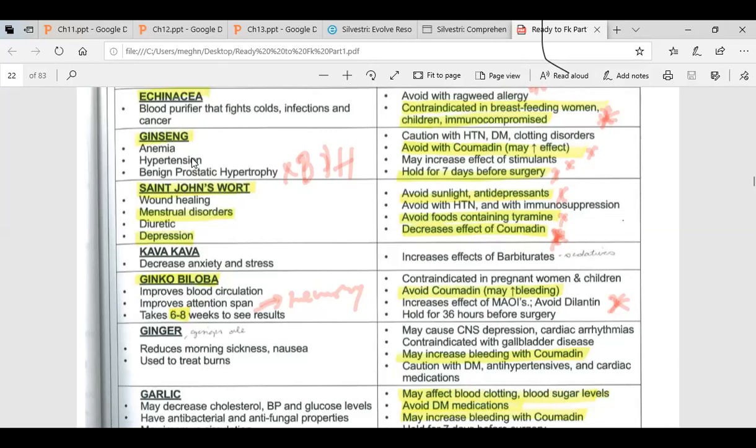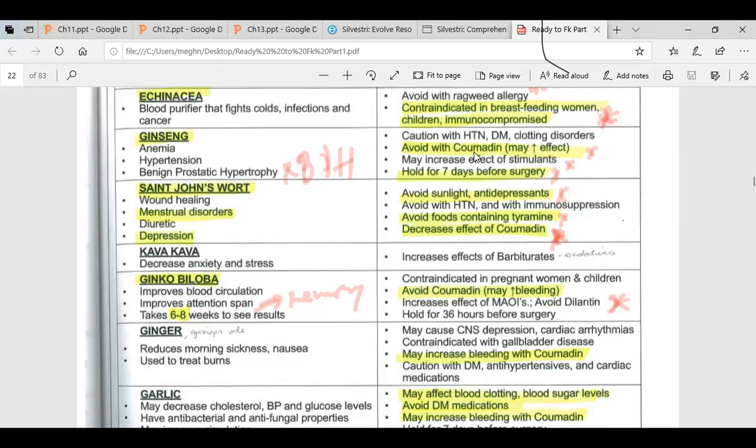The next one is ginseng, which is actually Chinese. Basically we use ginseng for benign prostatic hypertrophy or BPH, benign enlargement of the prostate in men. Ginseng is also used for hypertension or anemia. Keep in mind, we have to avoid ginseng with Coumadin, a blood thinner.